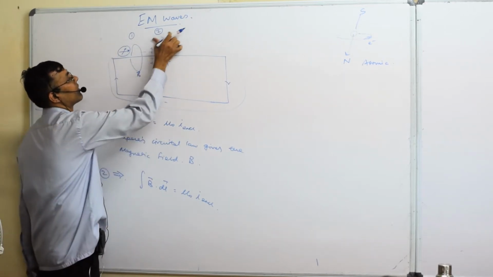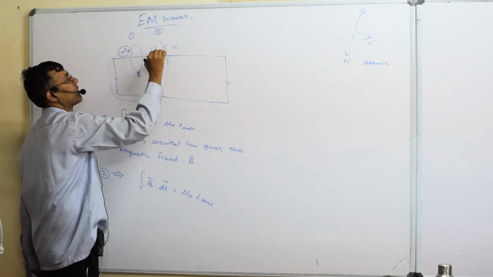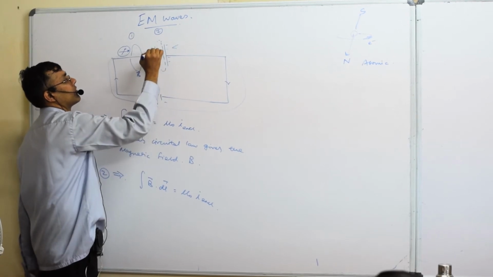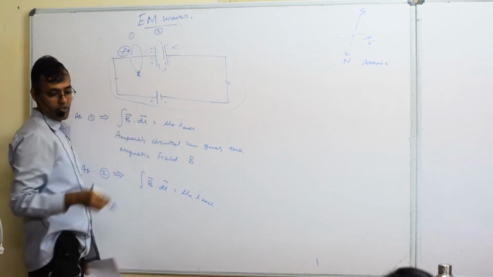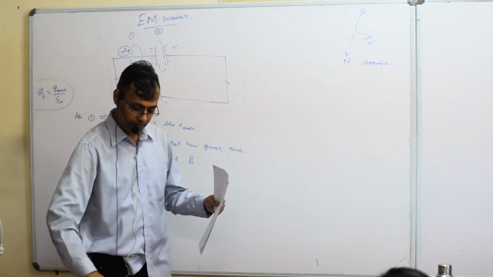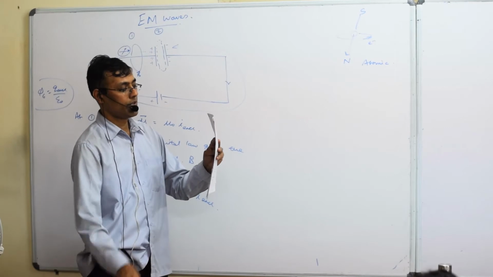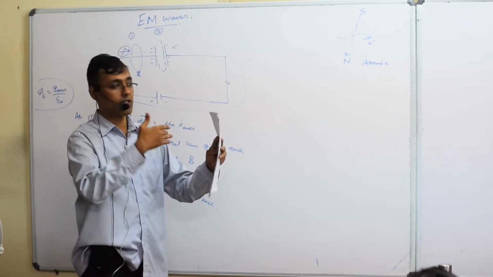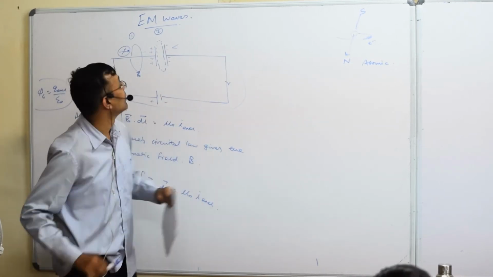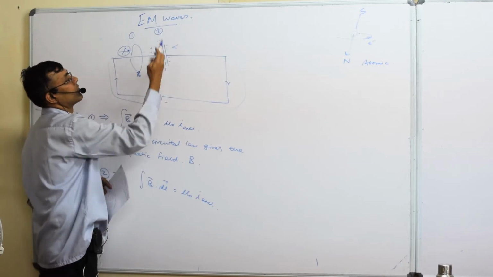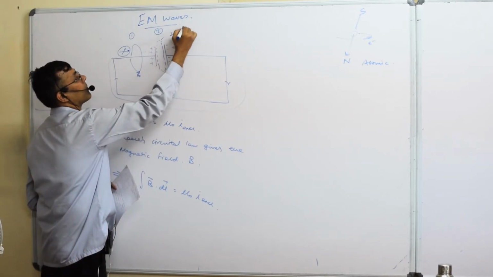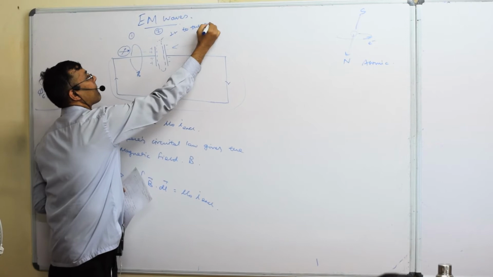So suppose if I take a small loop around here, okay, that's the best I can show. So if I have a capacitor like this, listen here carefully. I am saying the loop is like this. That's the best I can show it in 2D. It's something like perpendicular to this page.